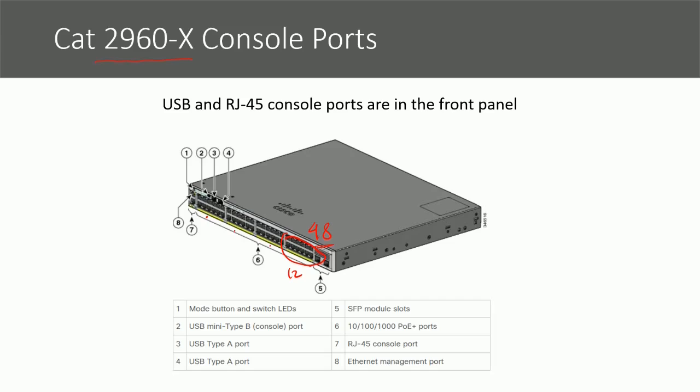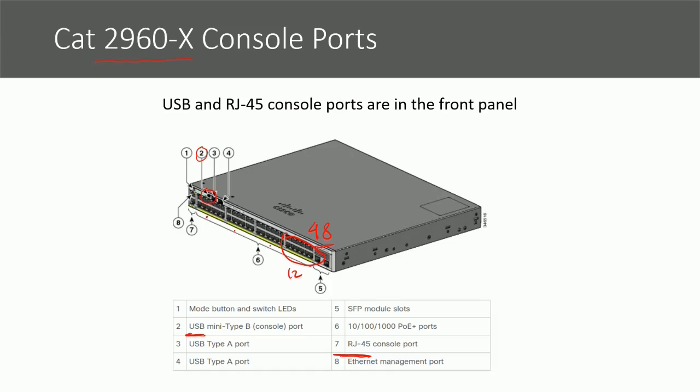If we take a closer look into interfaces, we can see here number 2 is a USB console port. Many of Cisco's new switches have an option of USB for the console port and another RJ45 interface for the console port. This gives you the flexibility to connect to this switch using USB or RJ45, as we will see in the coming slides.